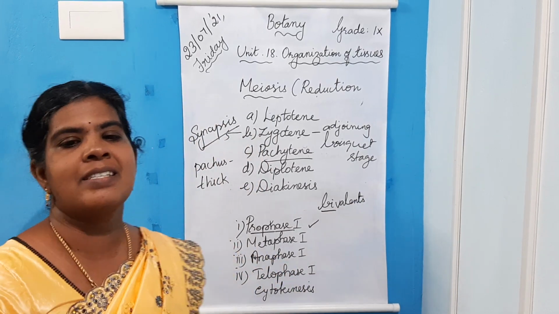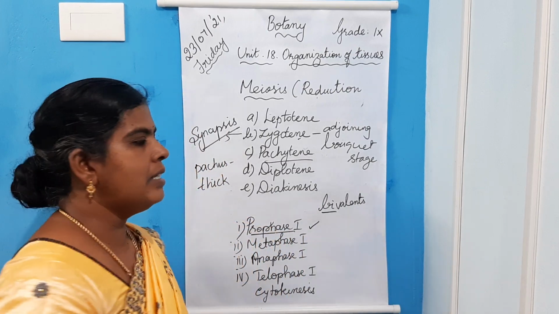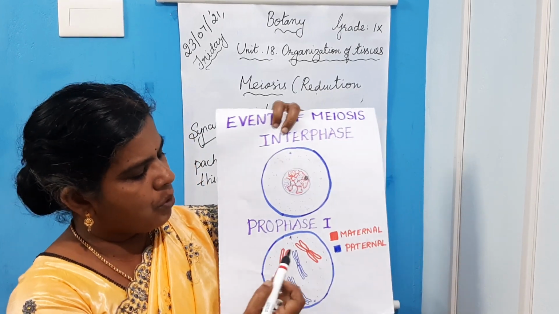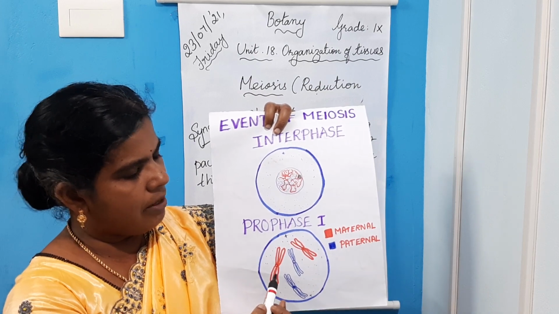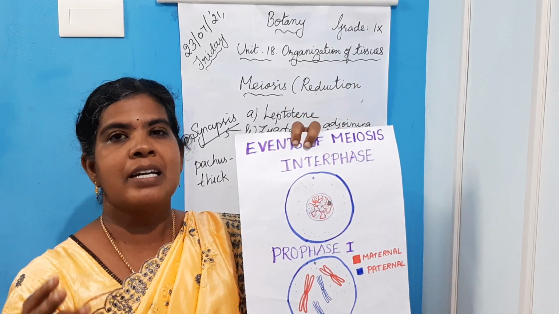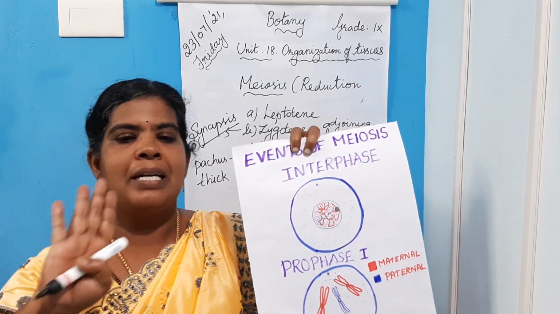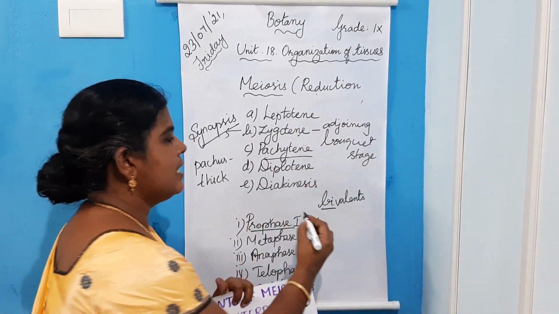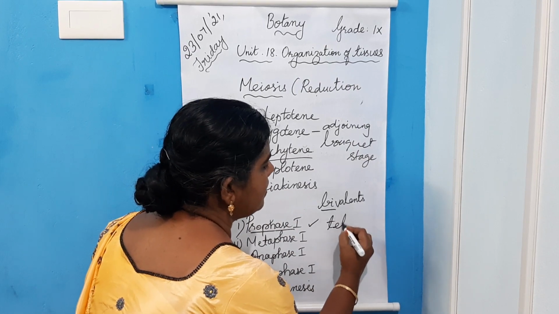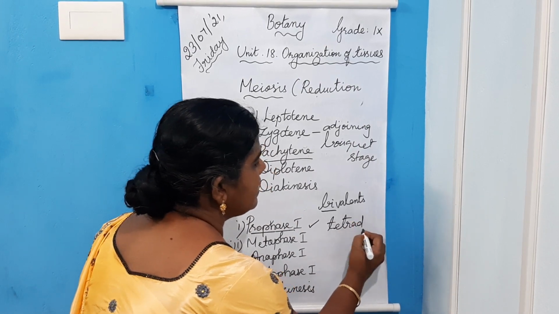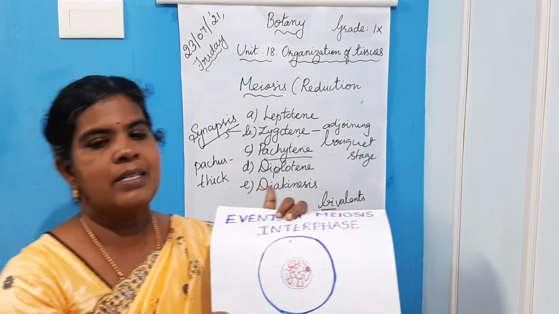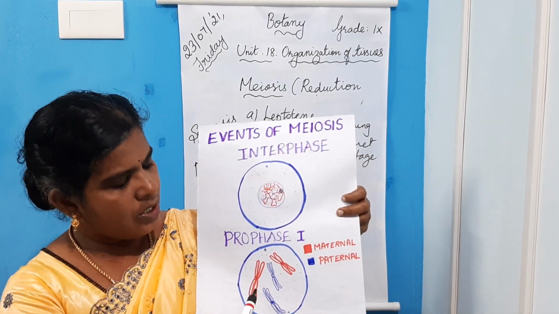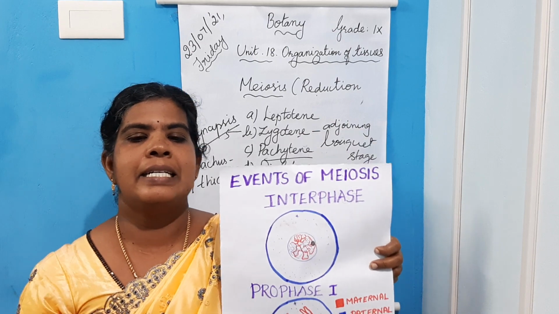Each bivalent contains 4 chromatids: 1, 2, 3, 4. So it is also called tetrad stage. Tetrad means 4, isn't it? In this stage, the chromosomes contain 4 chromatids.